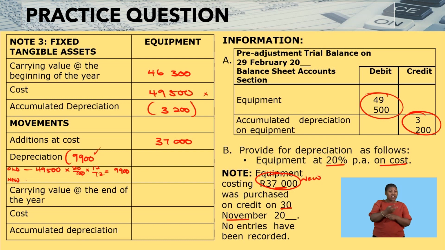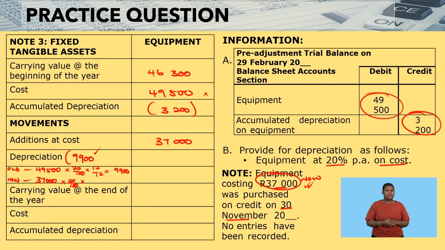I need depreciation for the new as well. So my new one is for 37,000. Remember this one. So come here and I'll say 37,000. Multiply by the depreciation rate, 20 over 100. But for how many months did I have it?